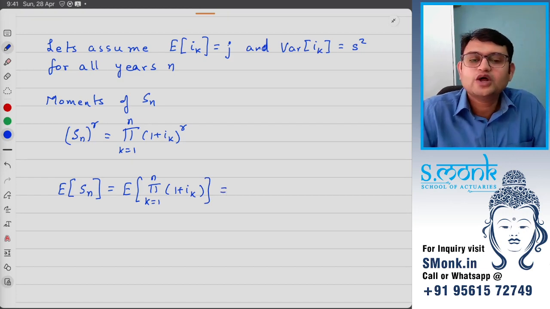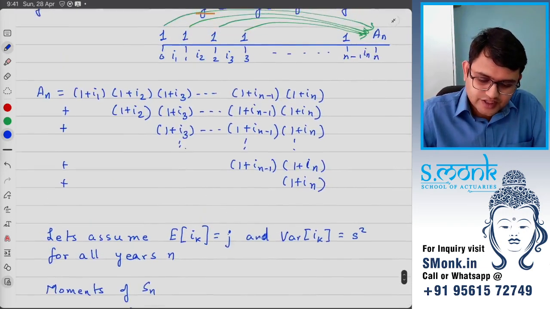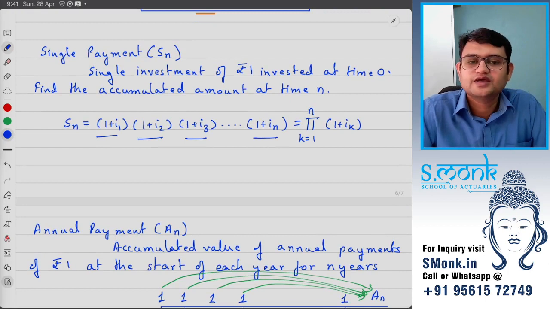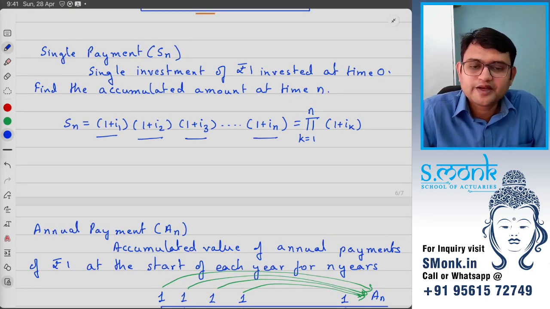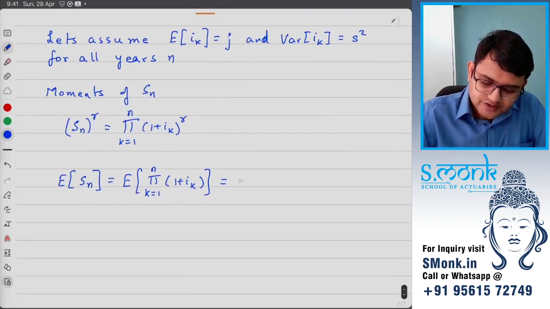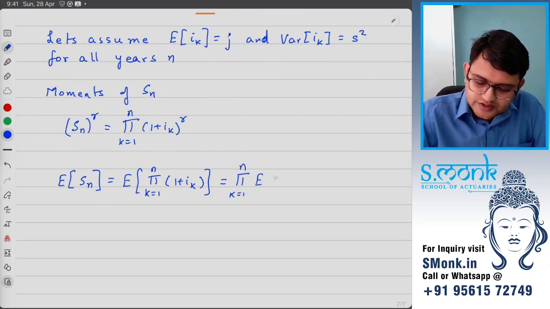Now because they are all independent of each other, 1 plus I1, 1 plus I2, 1 plus I3 and 1 plus IN, I can give individual expectations and say this is the product, K going from 1 to N, of the expected value of 1 plus IK.